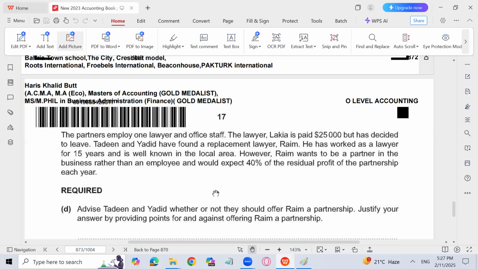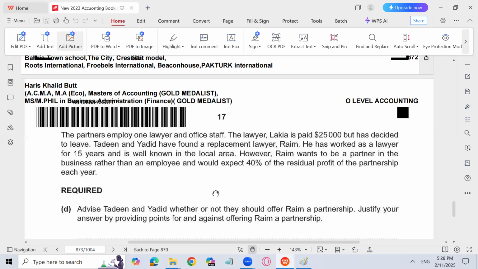We are already paying Lakia $25,000, and because he has decided to leave, we are going for a replacement lawyer. Ryan might be possible, but Ryan would ask for much more salary than 25,000. So it would not be possible for us to pay him that much salary. Though we can convince him to reduce the residual profit percentage of 40% because it is too high, because that will decrease the profit margin of both partners, Nadine and Yadid.